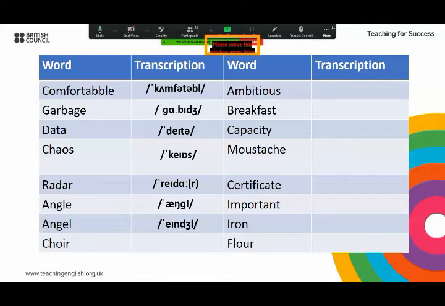Okay, so angle and angel, and the last one, choir. It's a choir. Okay. Choir, yes, sir. Okay. So the next one.